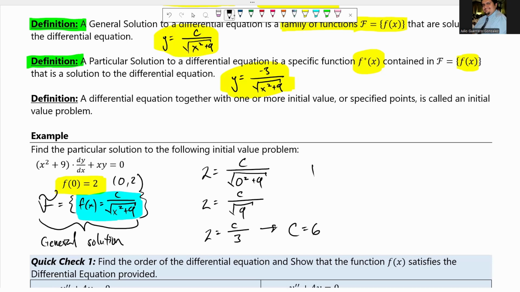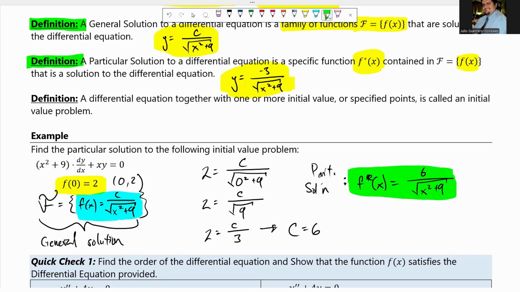So then that means the particular solution, and I'm going to use the notation that I have up above, a particular f star of x, is equal to 6 over the square root of x squared plus 9. This is a particular solution. This is the particular solution that's running through this point.